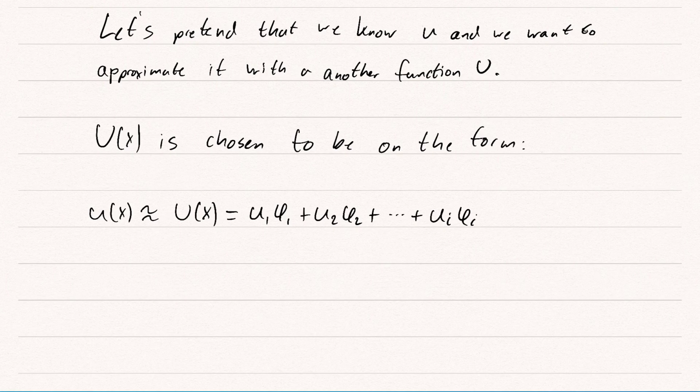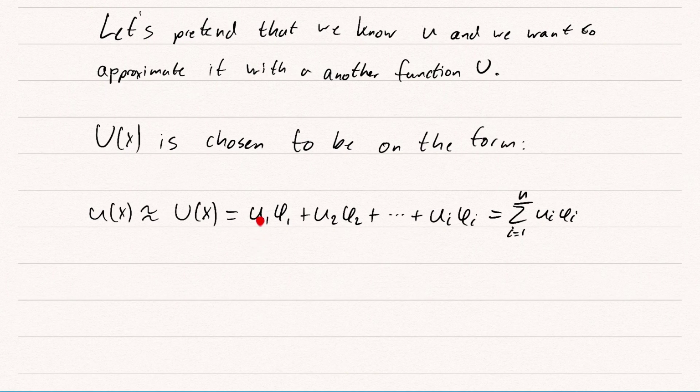So this is a sum, i from 1 to n, of ui phi i. It's a linear combination of several basis functions.